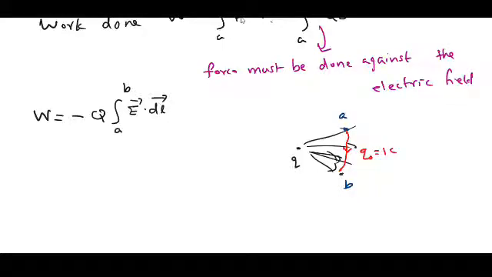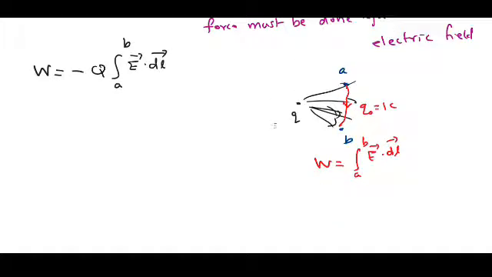Then the work done to bring the charge from A to B is written as integral A to B of E dot dl, and the electric field at a distance r is generally given by 1 by 4 pi epsilon 0, q by r square.